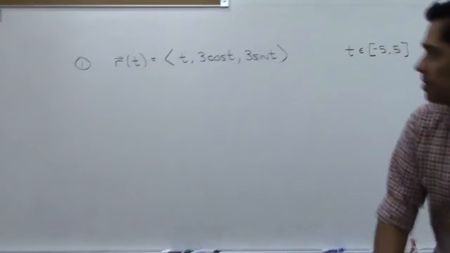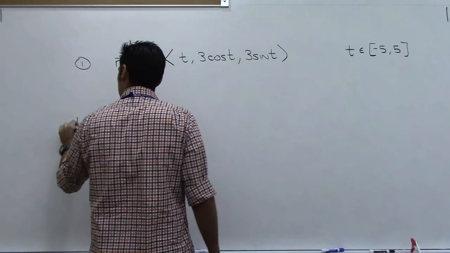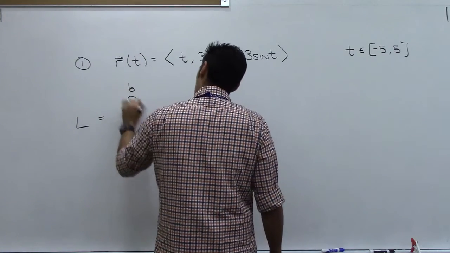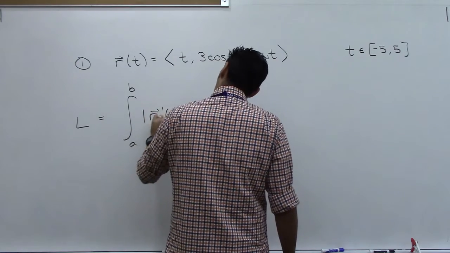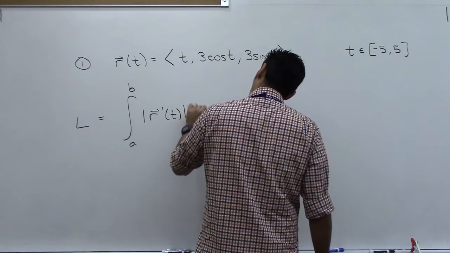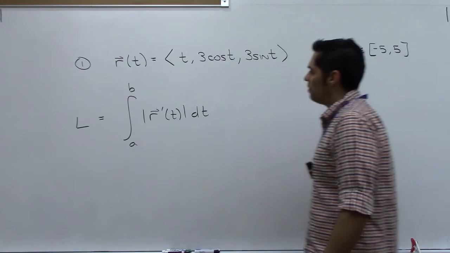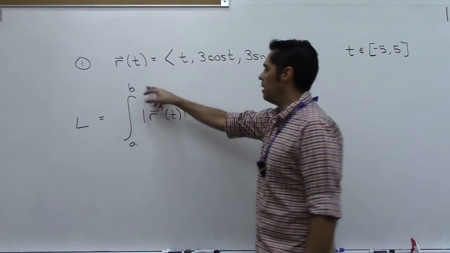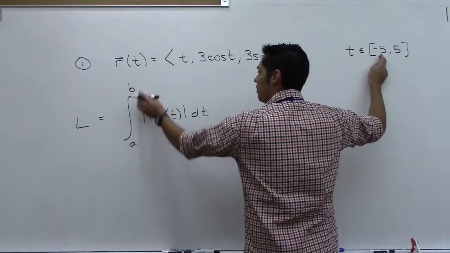So what we know is that the arc length of a vector curve is given by this formula. So what we need to do is find the magnitude of the derivative and then integrate it from a to b, where a is going to be -5 and b is going to be 5.